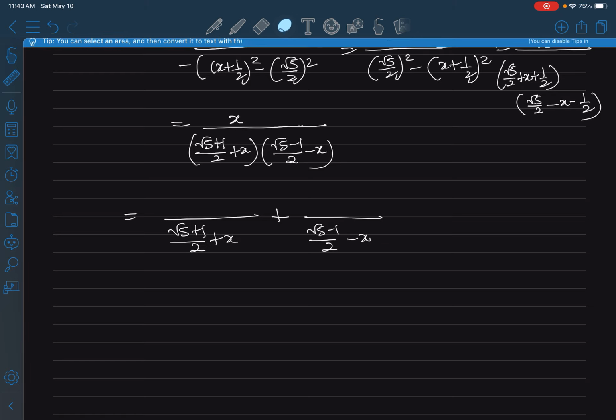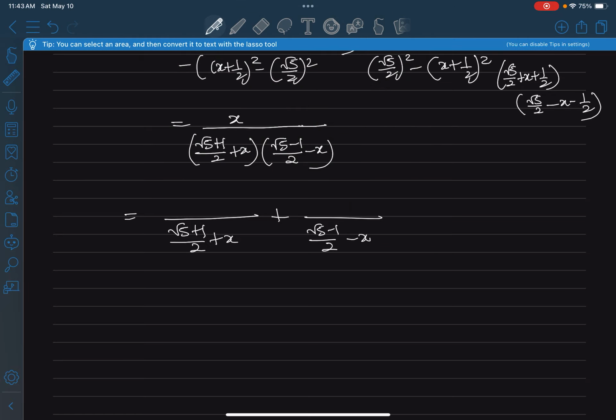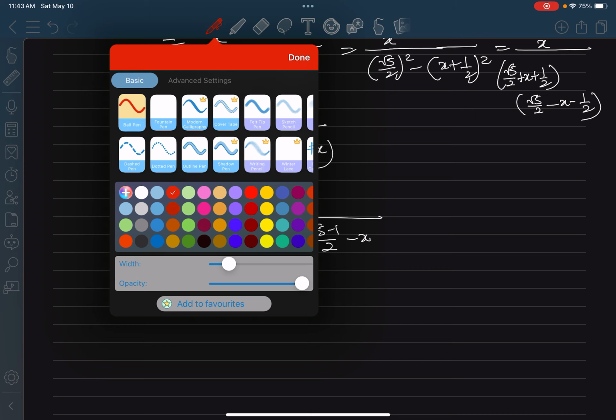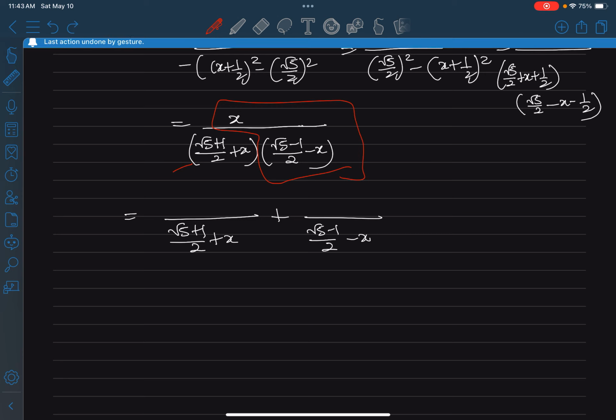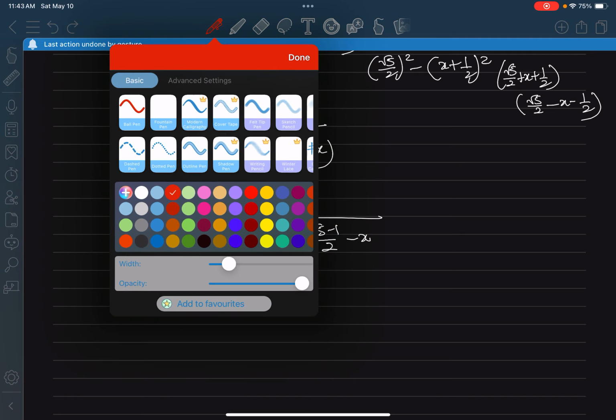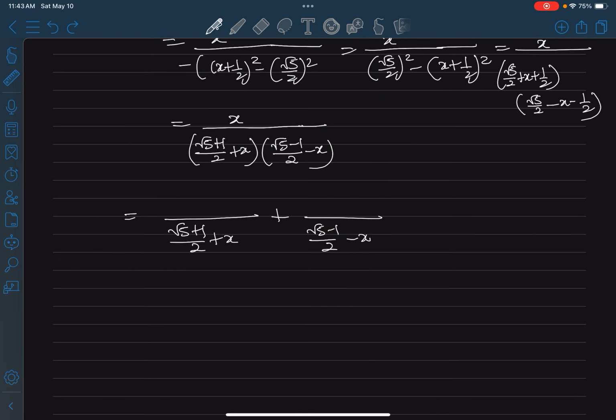So over here, I substitute x as that value, negative of root 5 plus 1 by 2, in this expression, just by covering up the thing that we made 0. So that gives me negative of root 5 plus 1 by 2, right? That makes it 0, by root 5 minus 1 by 2 plus root 5 plus 1 by 2, right?